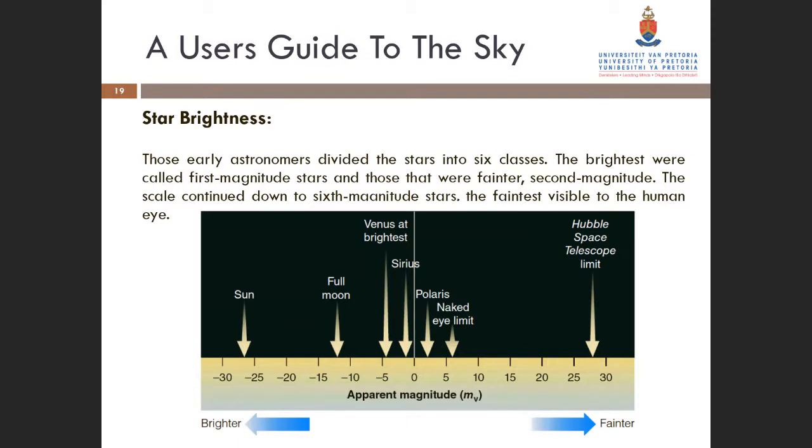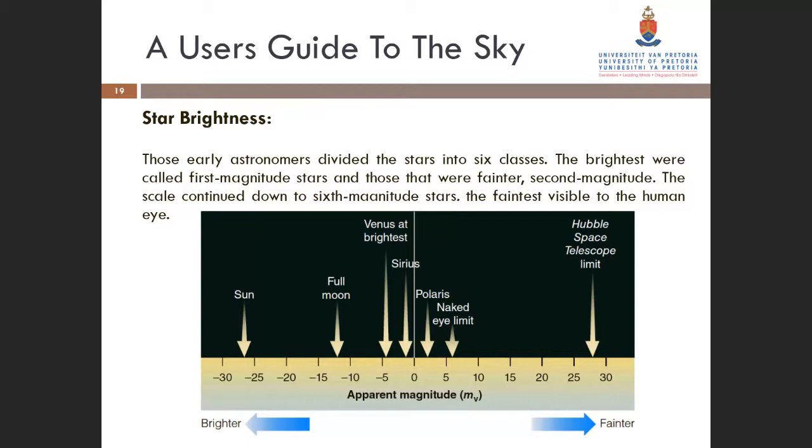But then we decided, okay, we have better instruments, we have closer objects such as the sun, the full moon, Venus, other planets. So the magnitude scale was shifted into the negative side: if it's negative, it's brighter, and if it's positive, it's fainter.